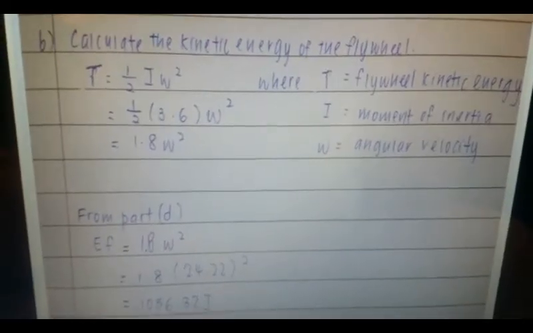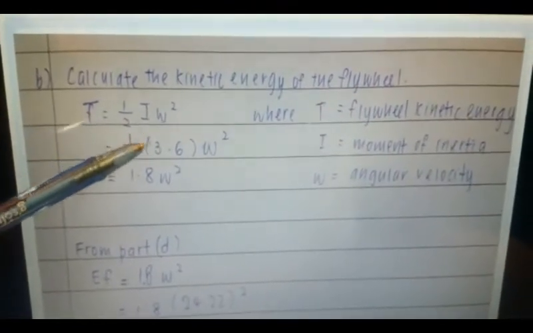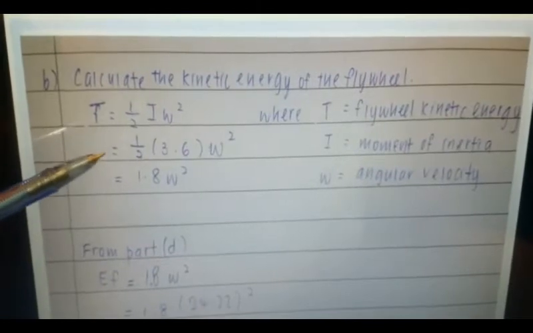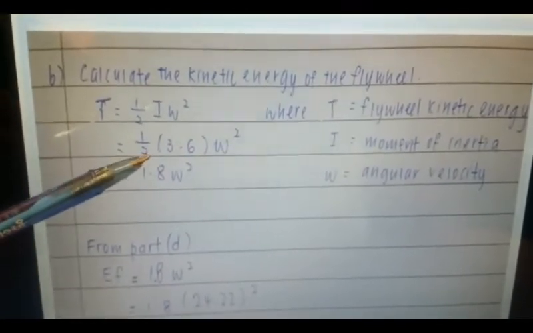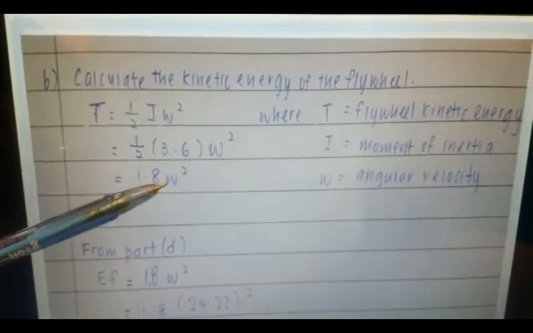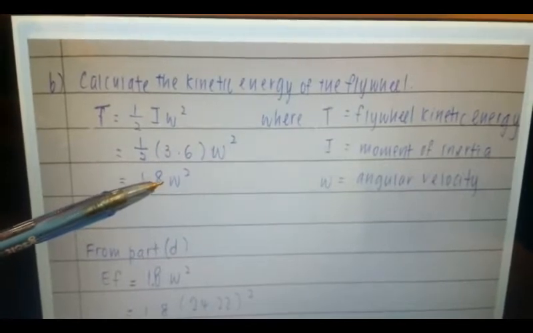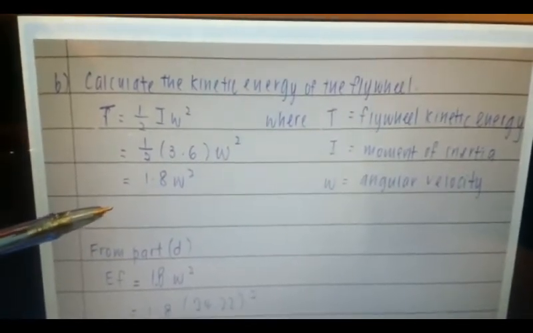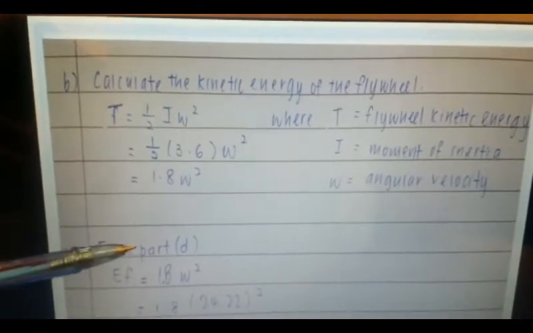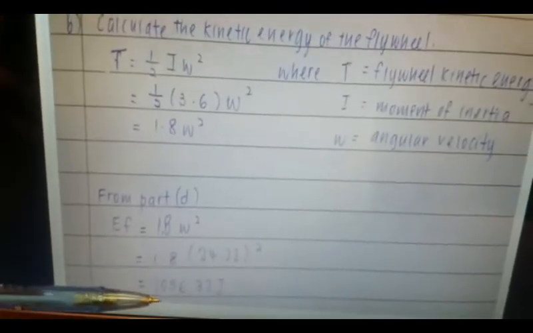Applying the formula T equals half moment of inertia times angular velocity squared, we substitute the given values. We keep the angular velocity as a symbol, as we don't know its value yet. Then we proceed to parts C and D, and after part D we will substitute the value of angular velocity and obtain the final answer.